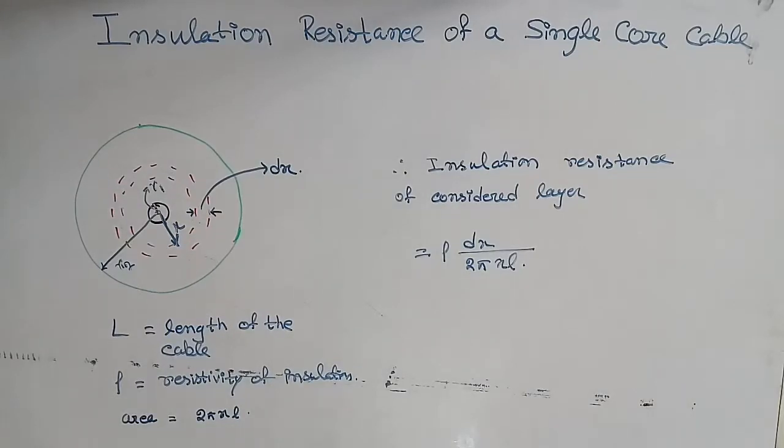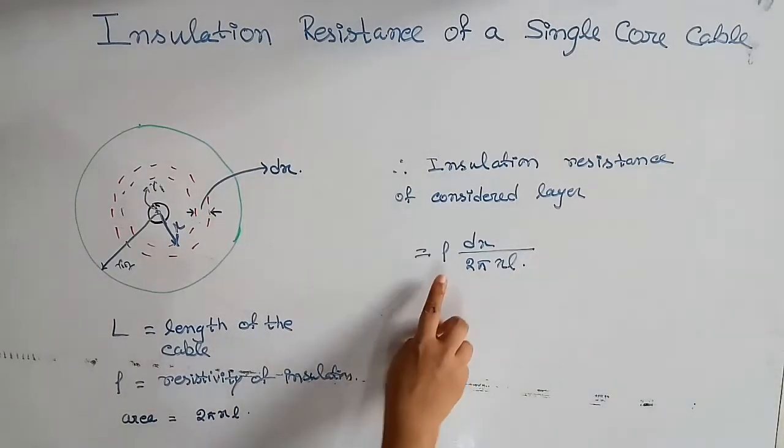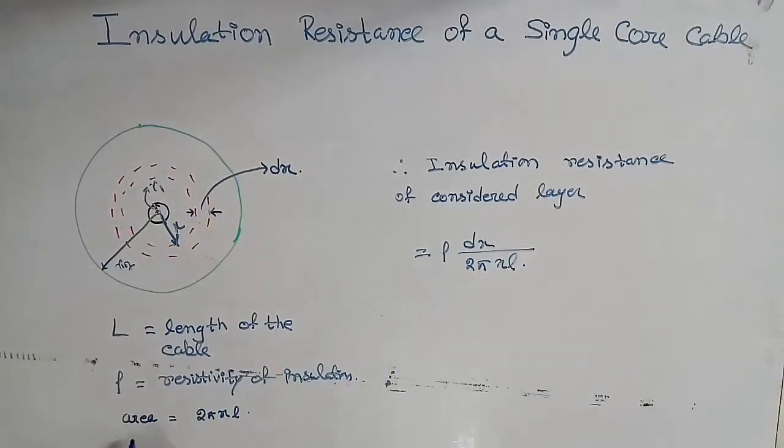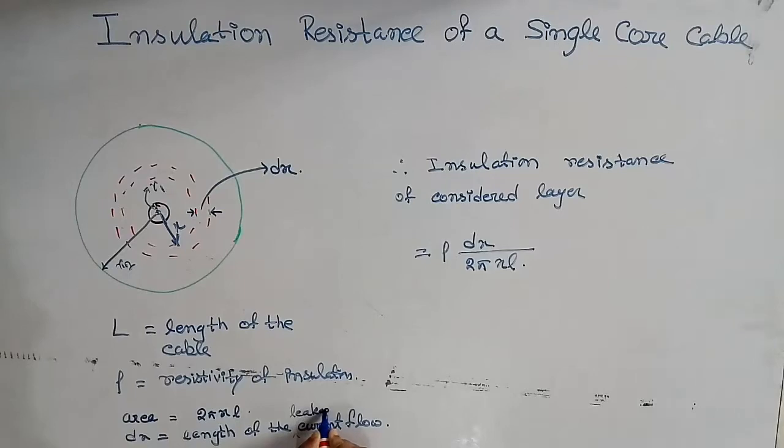Rho l by A. Here dx is the length of the leakage current flow and the cross-sectional area is 2 pi x l. So resistance equals rho dx by 2 pi x l, where dx is the length of the leakage current flow.